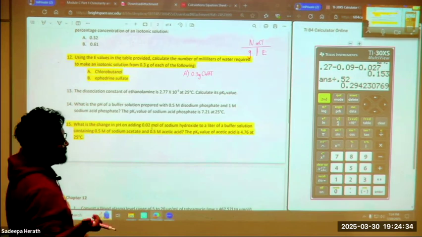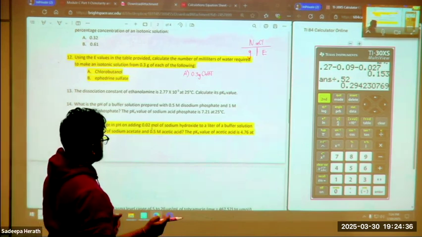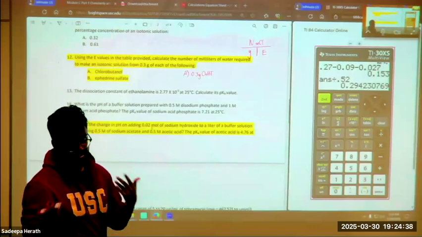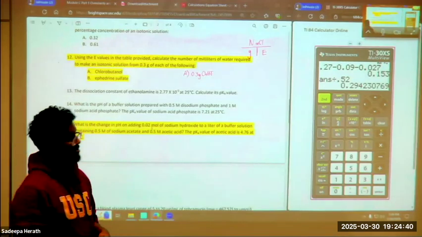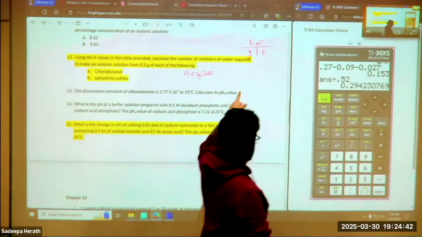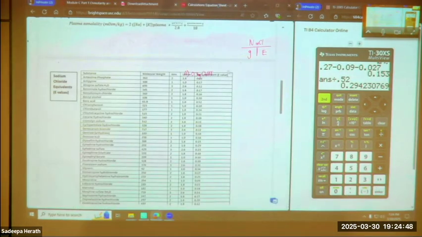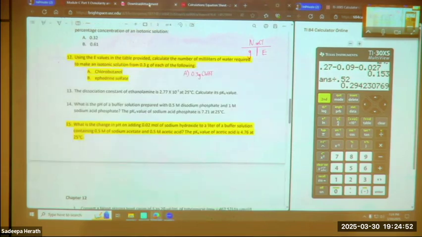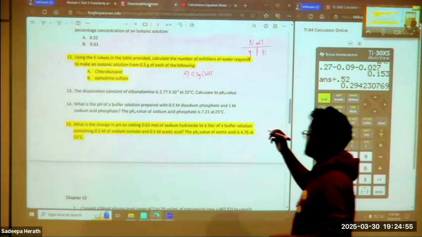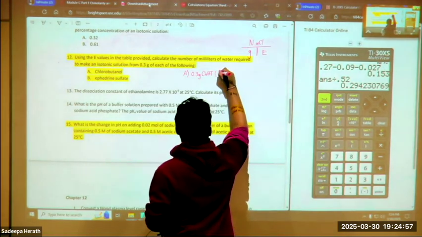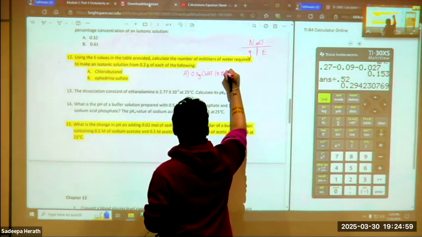We need to make it at an equivalent first because it's not stated that it's already an isotonic form, right? So grams times E value. We need to find the E value of chlorobutanol. Chlorobutanol is 0.24 times 0.24.